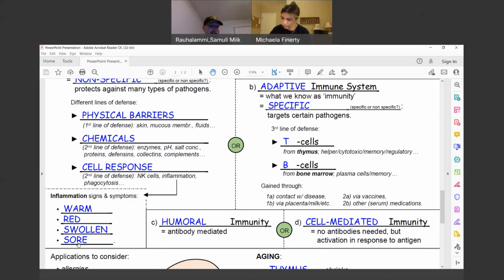Another important thing that I have here is inflammation signs and symptoms. There are 4 signs and symptoms, and I would add a 5th one. So if you have inflammation somewhere, that site often feels warm. That's because there's a lot of blood flowing to that site. It also looks red, because we can see that blood through the skin.